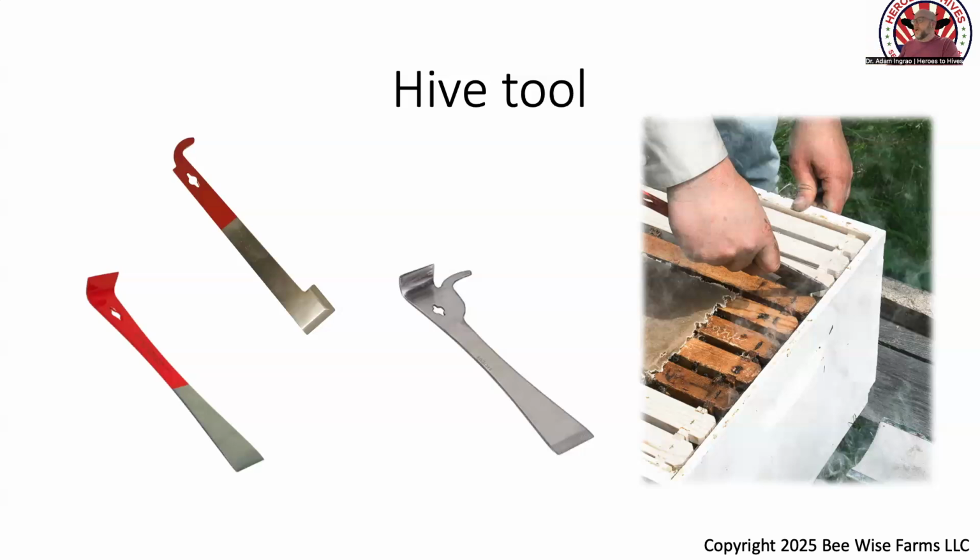The second tool that we have here, the J-hook tool, is a little bit different in design, but it's kind of the same concept. You have a sharp end again for breaking propolis seals and scraping, but you see that there's no large hook on the back like on the standard tool. Instead, you have this small hook that is oriented in a different direction. This is used for helping you pop the frames out.